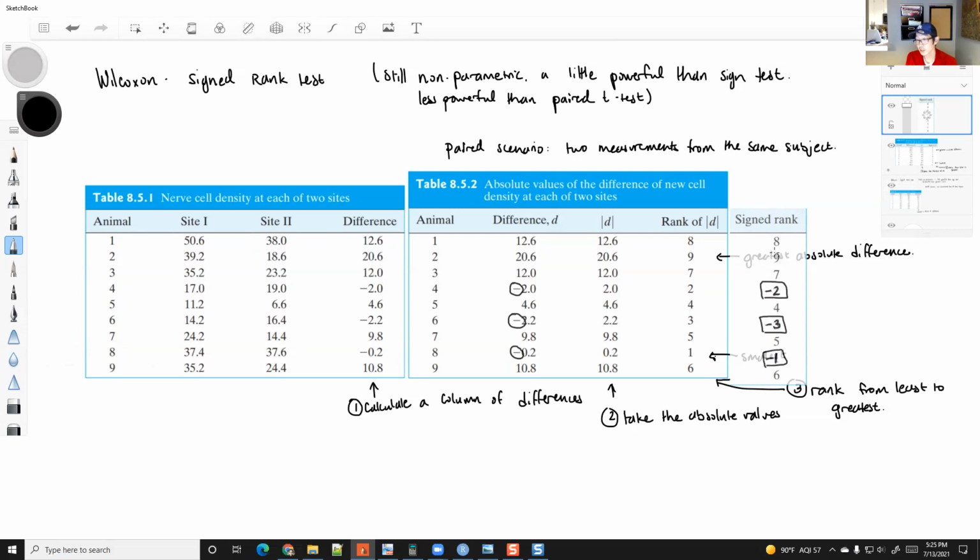Coincidentally in our data, the sites where site 1 was smaller than site 2 are also our 3 smallest differences that we've observed. So we rank from least to greatest, and then we restore signs from the differences to the ranks.